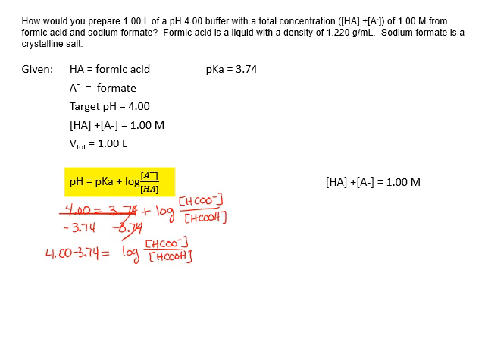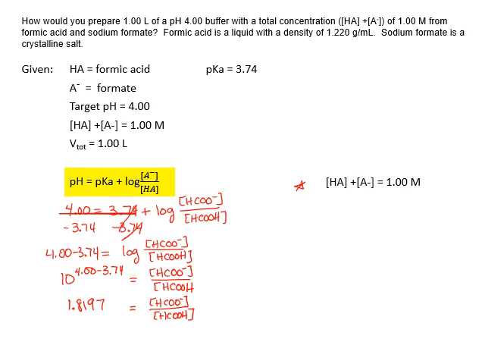And then we'll take the inverse log of both sides. Notice that the Henderson-Hasselbalch equation only allows us to determine the ratio of the two components. To find the actual concentrations that we want, we'll have to combine that with our buffer capacity information.